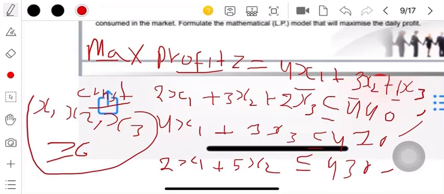Obviously we can only produce positive units. It doesn't make any sense to produce -2 units of product 1. Okay, so this is the problem formulation.